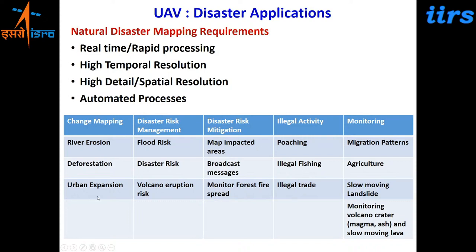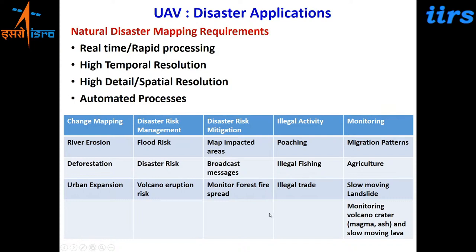In disaster risk management, it can be used for flood risk, volcanic eruption risk, where drone data can be easily collected. For disaster risk mitigation, you map affected areas for damage assessment. Where communication is lost, drones can play a very good role in broadcast and communication. You can monitor forest fire spread, and accordingly remedial measures can be taken.